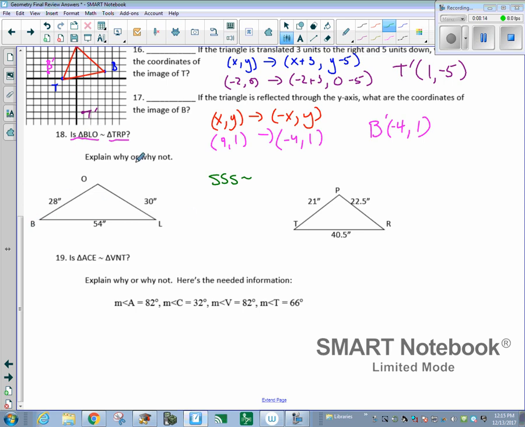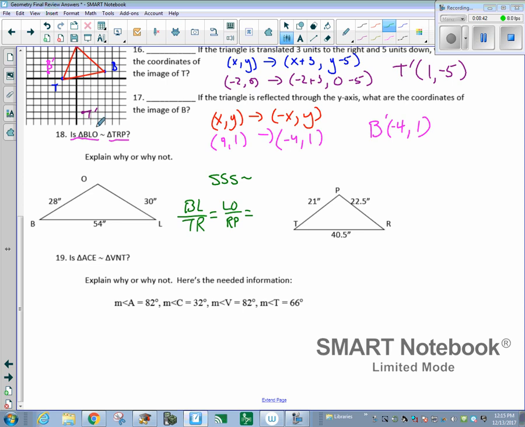So side BL divided by side TR. I just took the first two letters and the first two letters, and divided those. If those divide to give me the same ratio as taking the last two letters, LO and RP, dividing those two sides and getting the same fraction or decimal, then those sides would be similar.